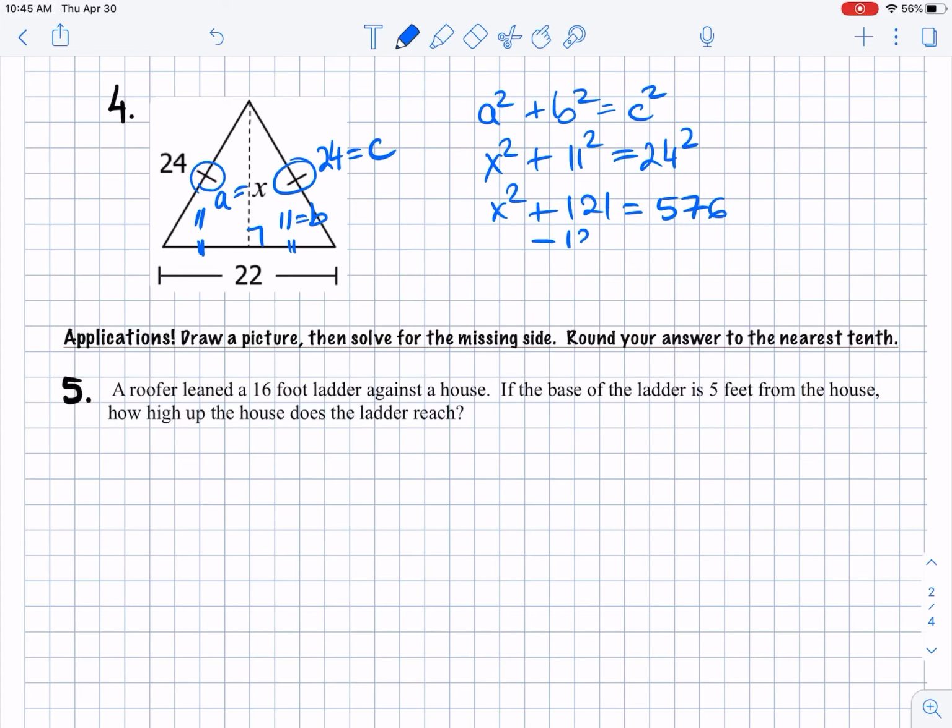So we're going to subtract 121. X squared equals 455. We take the square root of that. X is equal to 21.3.